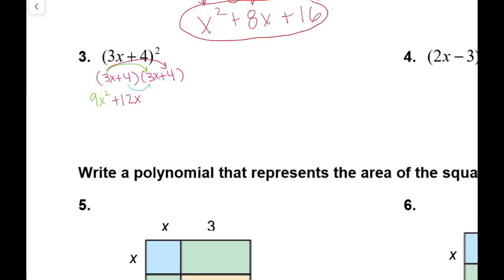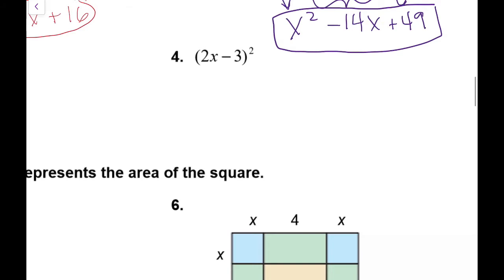Our inside terms, the I, is another plus 12x. 3 times 4 is 12. And the last terms are 4 times 4, which is 16. We combine the middle two terms, 12x plus 12x is 24x, plus we bring down the 16 and we bring down the 9x squared. So our answer will be 9x squared plus 24x plus 16.